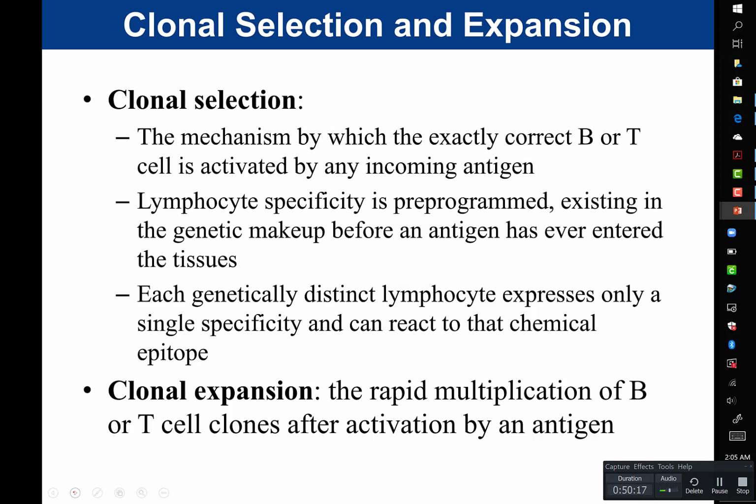Those lymphocytes have already been pre-programmed. They already have their genetic makeup. They have already made their B cell or T cell receptor, so it's pre-existing. Each genetically distinct lymphocyte expresses only a single specificity and can react to that chemical epitope.